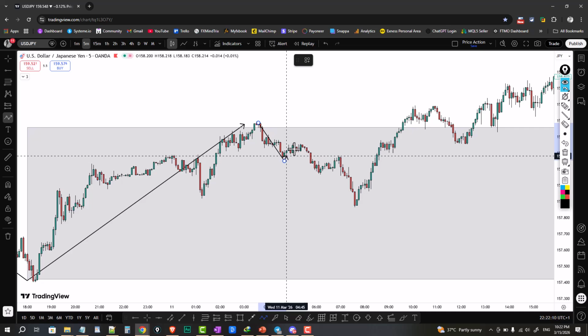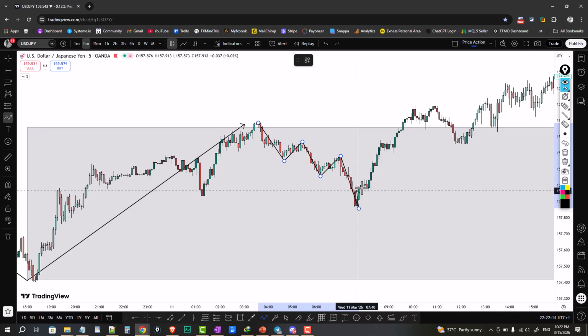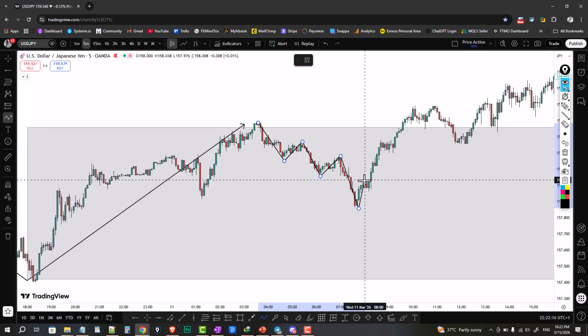So price is now forming lower lows and lower highs, lower lows and lower highs, lower lows and hopefully lower highs. Okay, but then we understand that this is only temporary because this is the lower time frame and the higher time frame is actually in an uptrend. And so the smart trend trader would understand that on the higher time frame, which is stronger, we're actually having the market structure of an uptrending market because price is forming higher highs and higher lows.